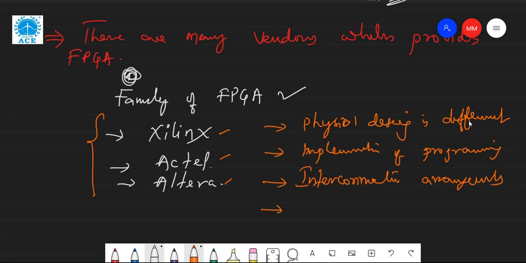And the basic functions of the function blocks, I mean logic blocks, are also different.